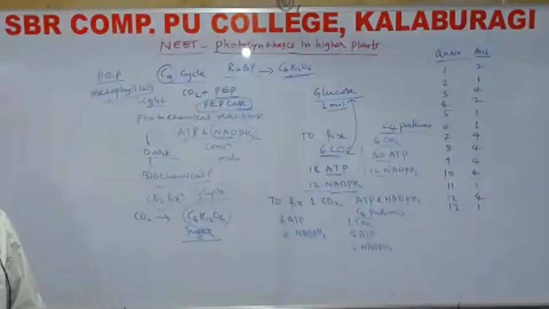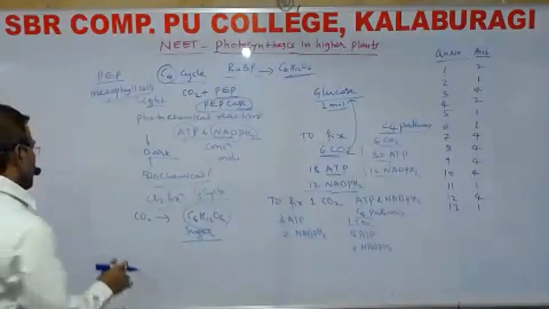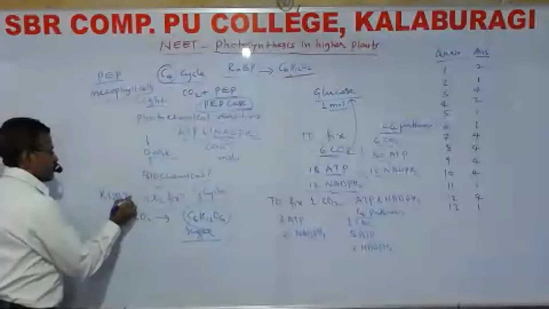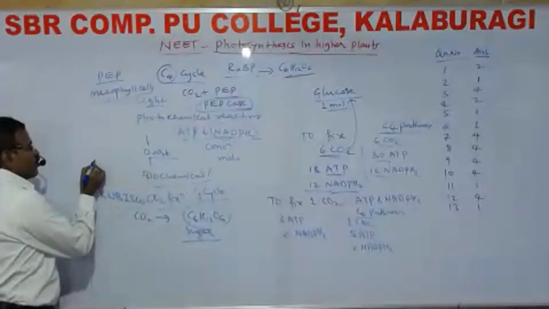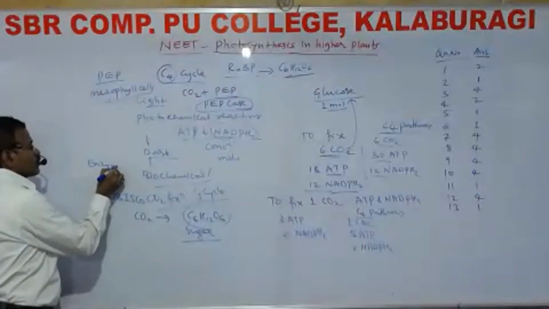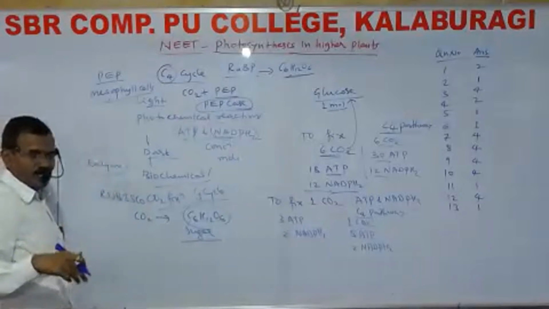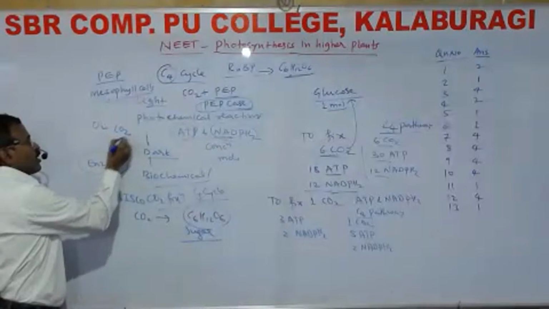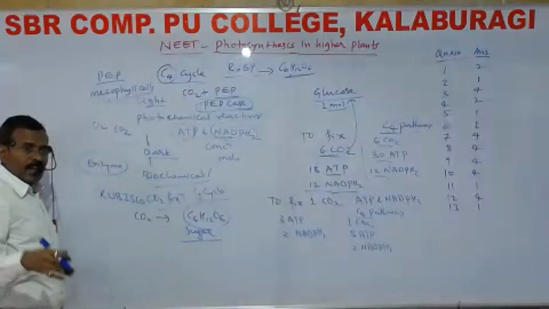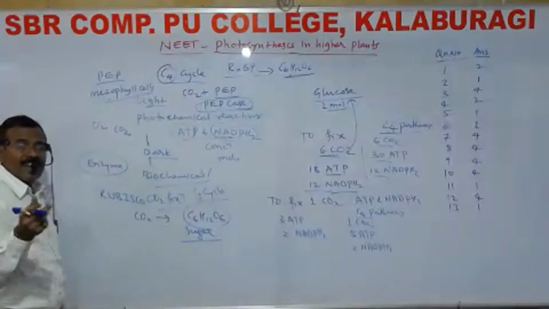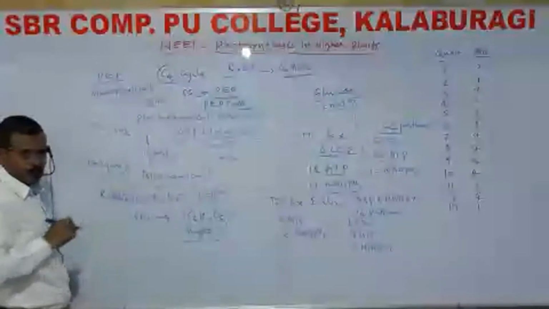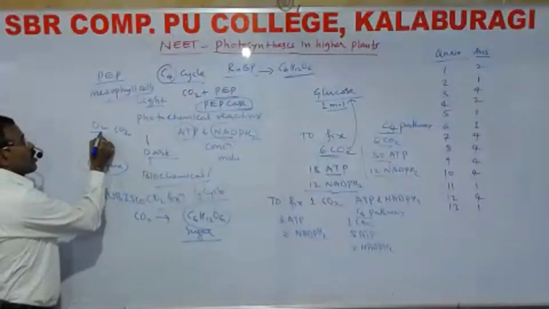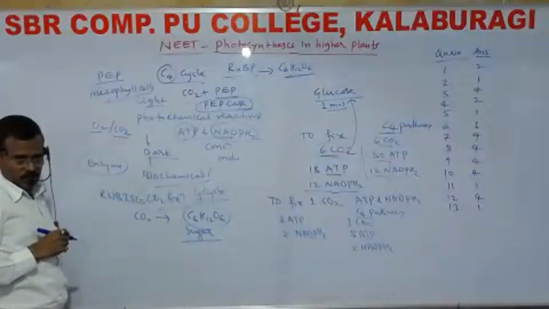See, in C3 plants, carboxylation is catalyzed by Rubisco. This enzyme has receptor sites where either oxygen or carbon dioxide can bind. Which gas binds to this enzyme is determined by the relative concentration of carbon dioxide or oxygen.